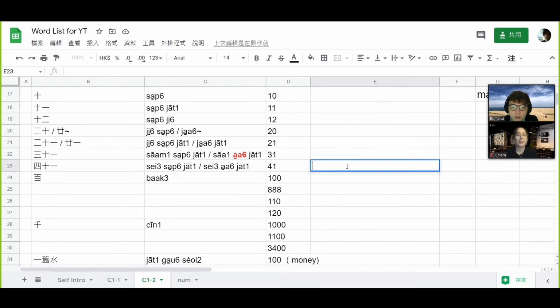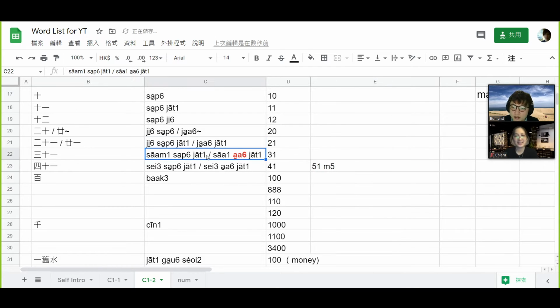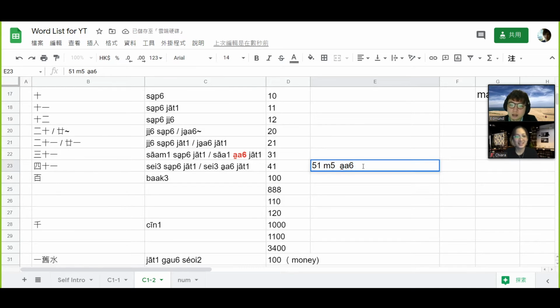I just want to give you more examples. Like for example, this will be mayat, mayat, like this. Okay.